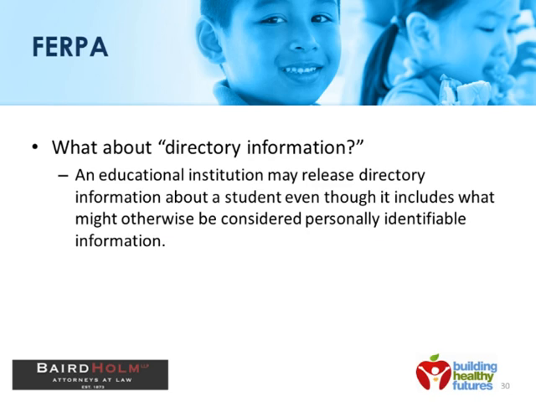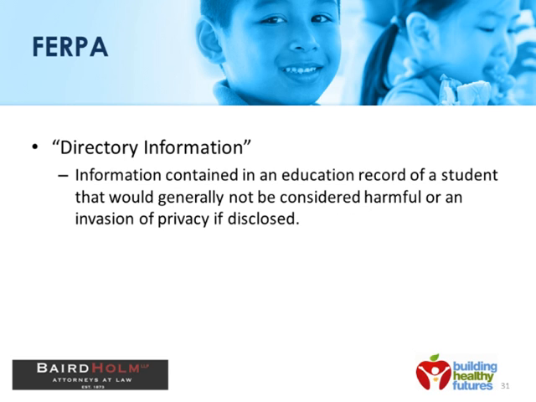I included this slide, directory information, because a lot of times, the school will call the SBHC and say, I have a fourth grader who's coming to the SBHC. You obviously don't need consent from a FERPA perspective for these types of information that might be considered personally identifiable, but it's not going to cause harm.